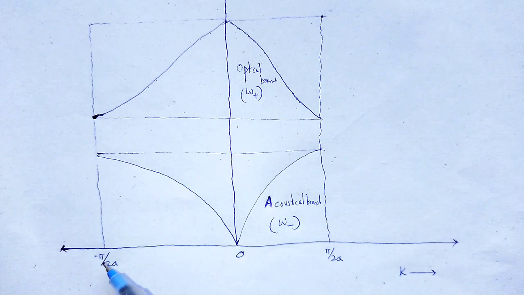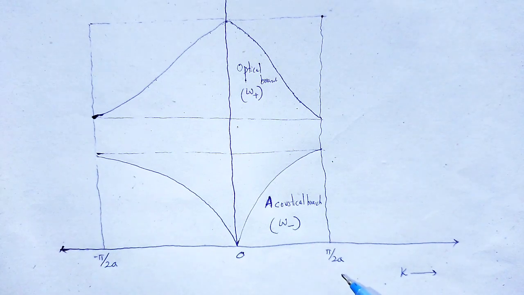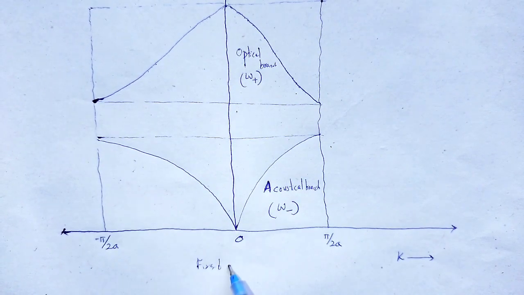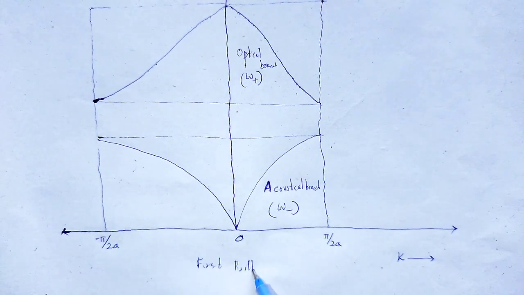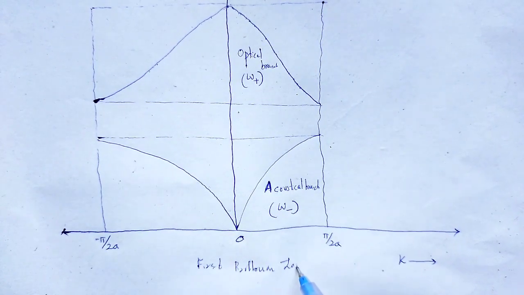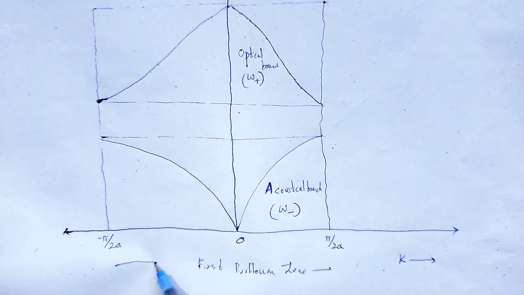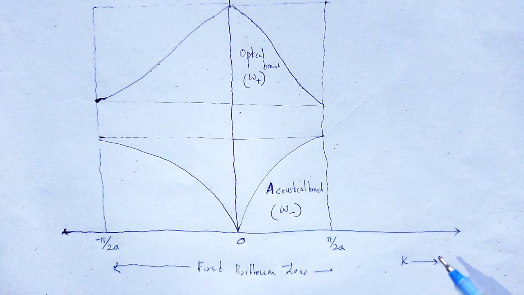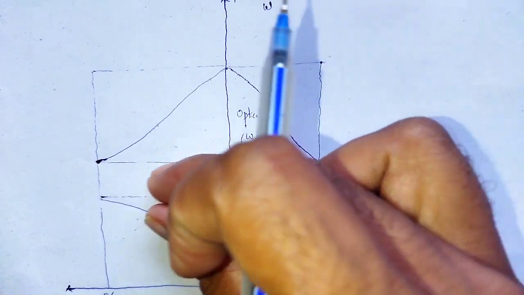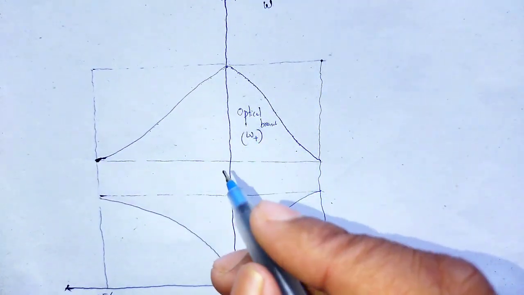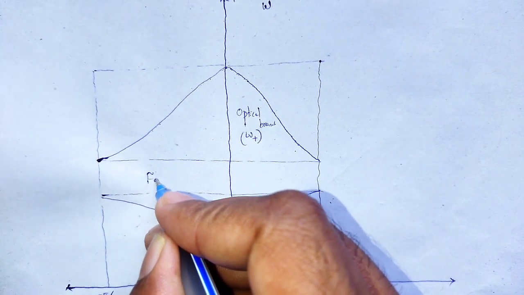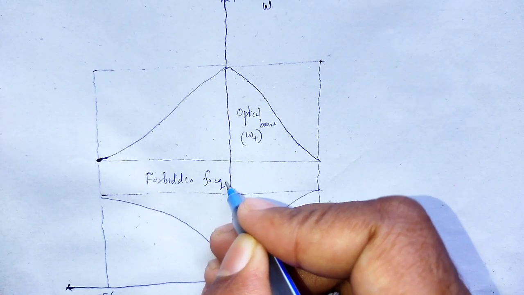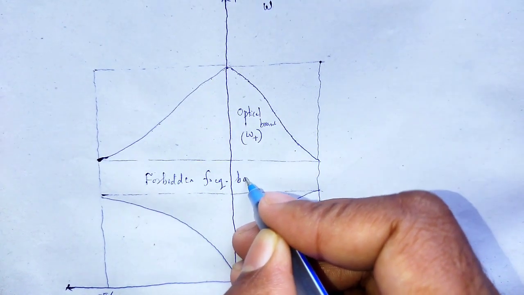From the region minus pi by 2a to plus pi by 2a, that one is the first Brillouin zone. That region is the forbidden frequency band.